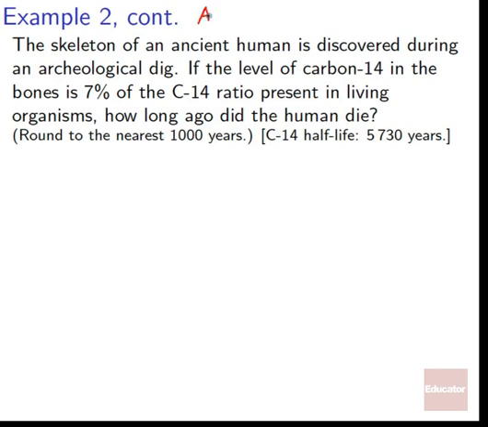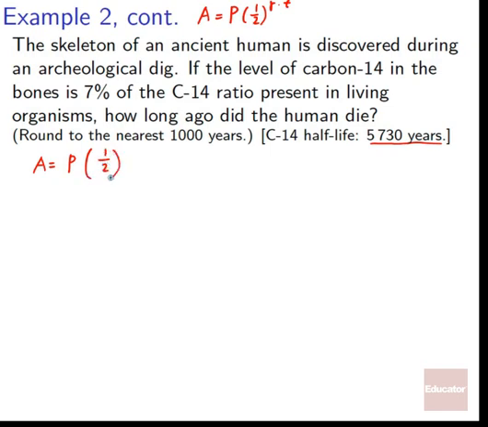The general formula for half-life is the amount that we originally start with times 1/2 to the rate times time. Now in this case, the rate is going to be based on this 5,730 years. So our amount is going to be equal to P, whatever our original amount that we have of carbon-14, times (1/2) to the power of t divided by 5,730 years.